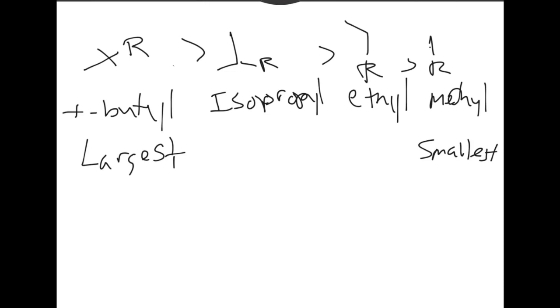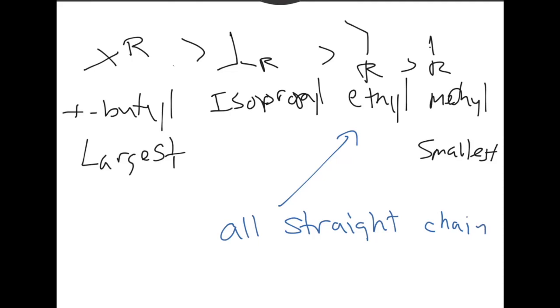I want to point out here that ethyl is doing a lot of work. This is a standard for all straight chain alkyl groups. So basically, there's really not a difference in size between ethyl, propyl, butyl, pentyl going all the way up, right?